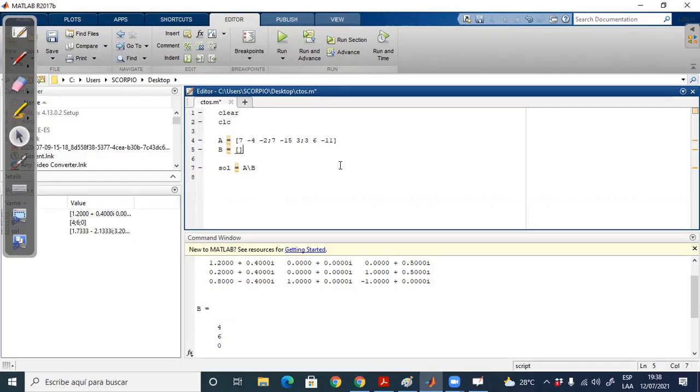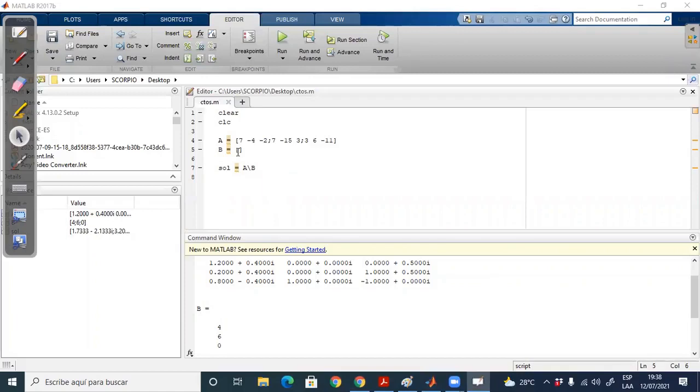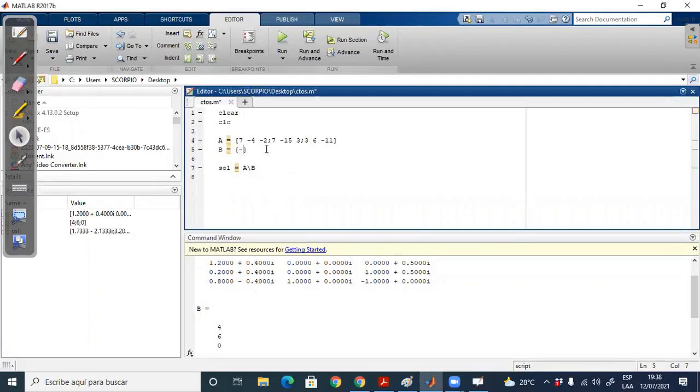And the matrix B, which would be what comes on the other side: minus 45, 0 and minus 70. I put here minus 45 semicolon 0 semicolon minus 70 because this has to go for each row. And the solution variable is going to be A backslash B.